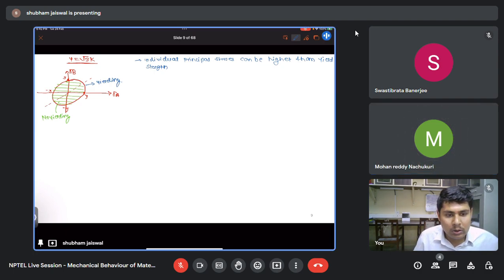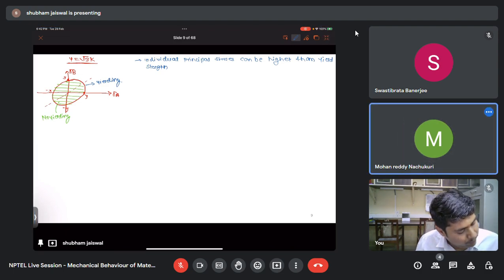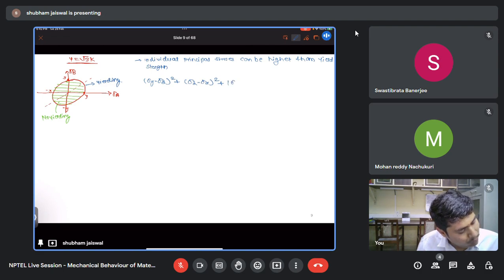Okay. So after that, we have seen the generalized form of the von Mises criterion: sigma x minus sigma y square plus 6 times our shear stresses, and it is equal to 2 times the yield strength square or 6 times the shear strength square.